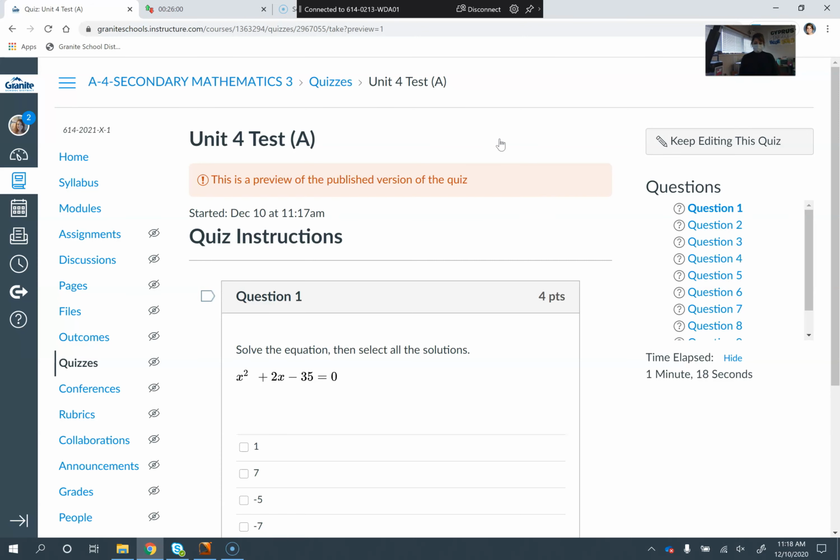We'll move on to number 2. If you're at home and you don't need this time, you should just fast forward to the next problem. About 30. 20. 10.